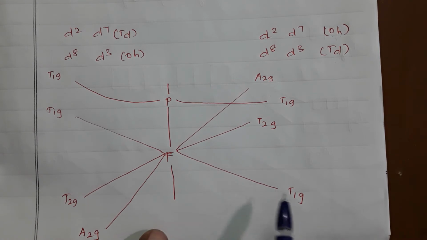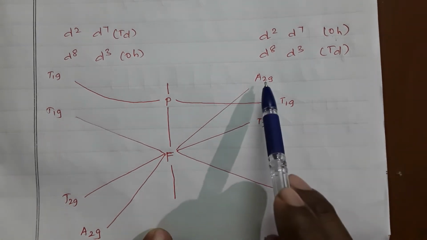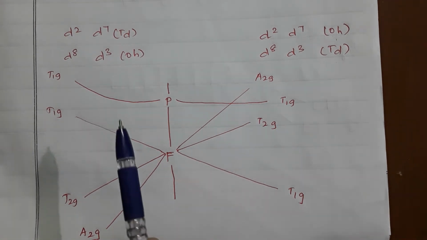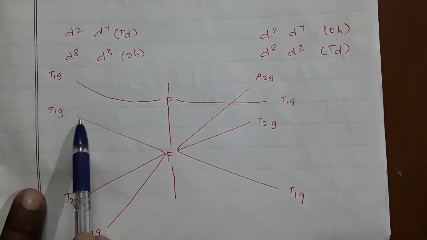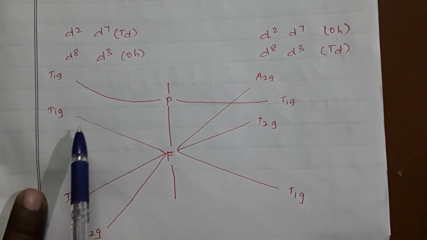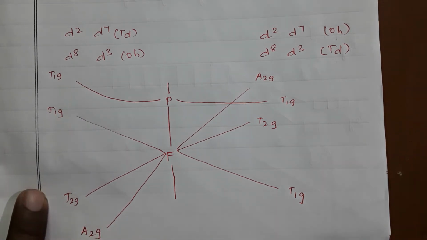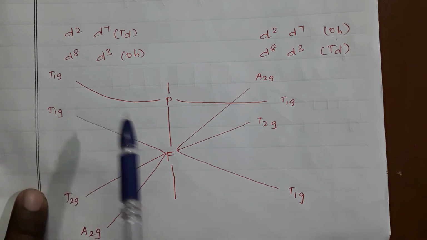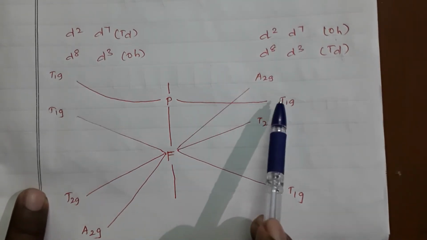For the F term, it is in T1g, T2g and A2g. Here there is a crossing over of T1g, because both have repulsion terms, T1g here and T1g here also. So that is why crossing over takes place.